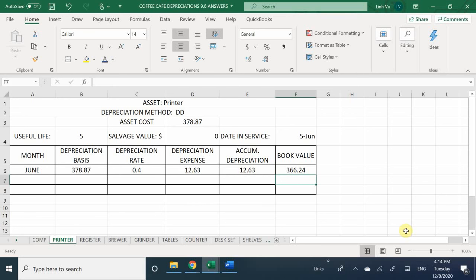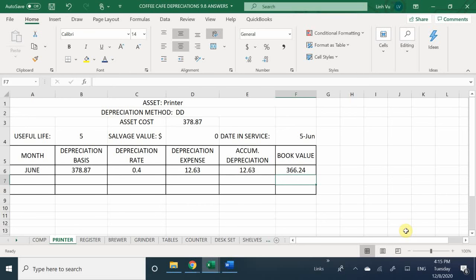So I only do it to make sure that when we get our depreciation expense, it comes out evenly. Okay, 366.24. I'm done.